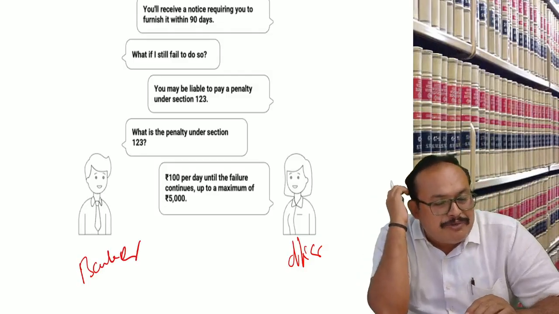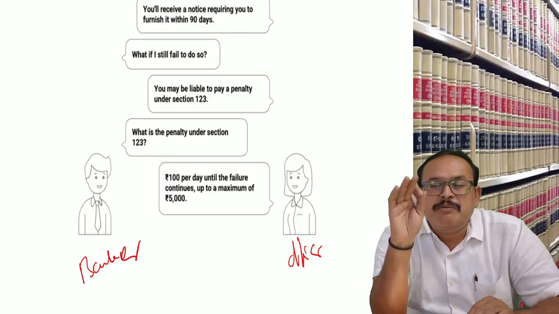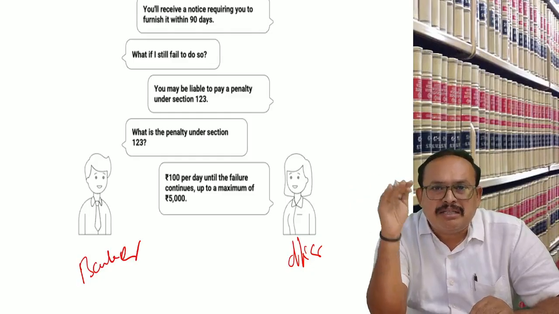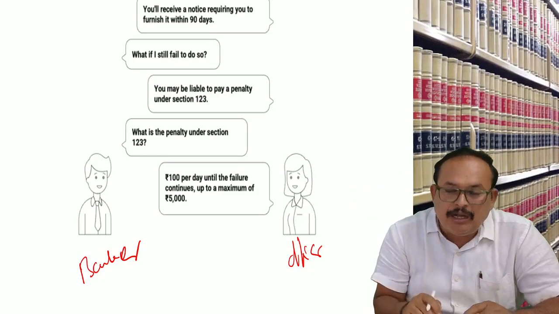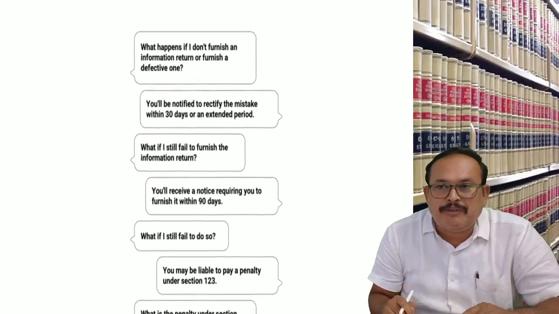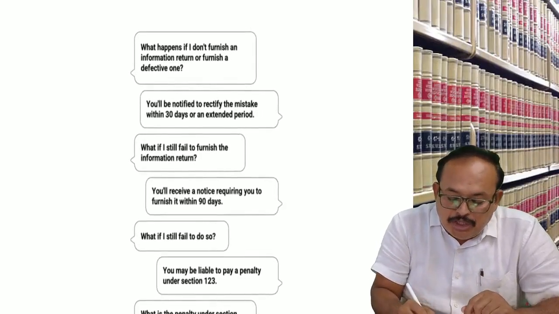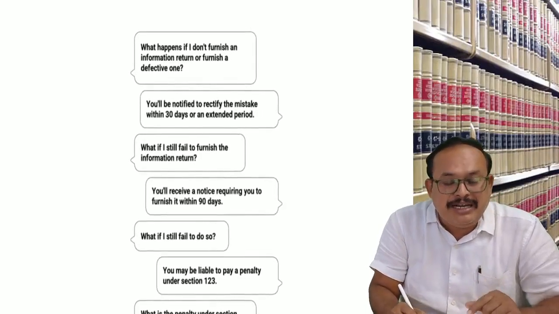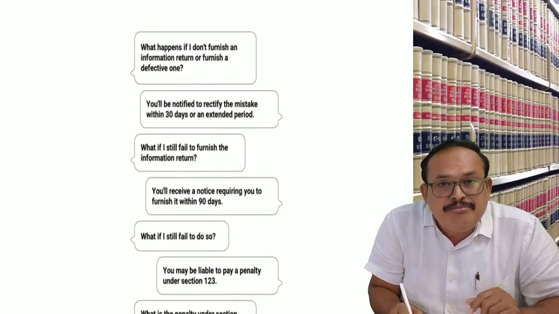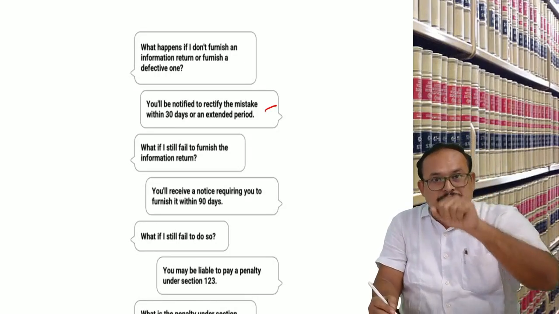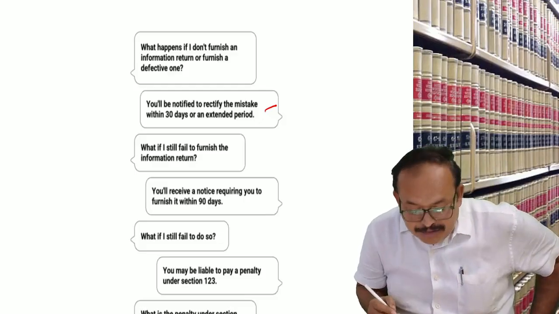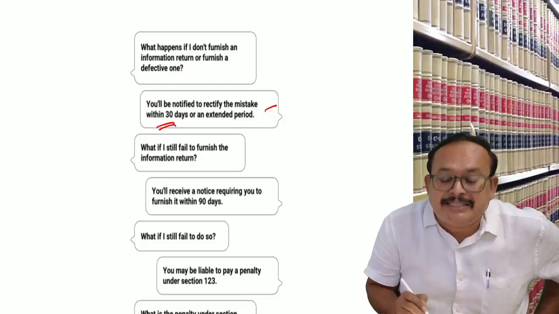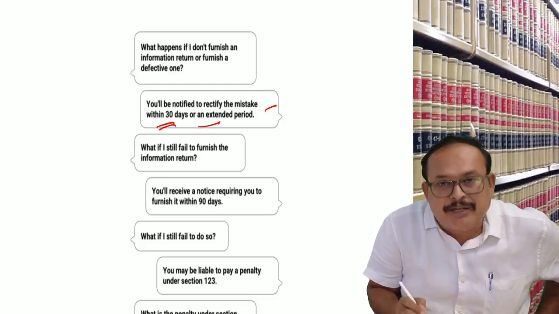As per section 150, if information is not submitted or submitted defective, what happens? When he asked, the department officer madam replies, you will be noticed or notified to rectify the mistake within 30 days or an extended period of time.